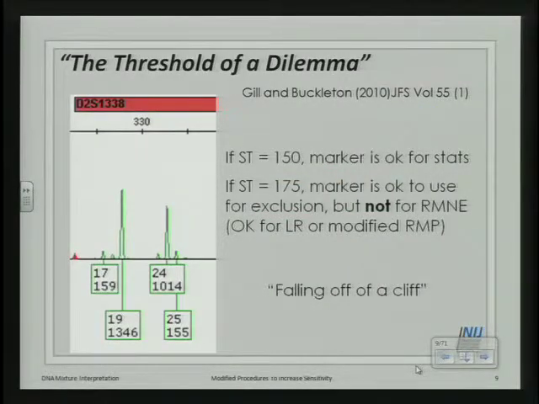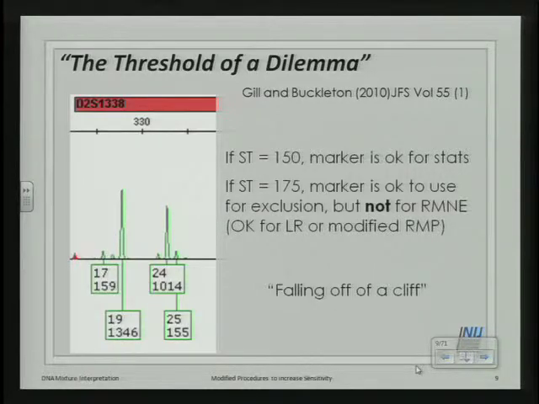Peter Gill and John Buckleton call this the threshold of a dilemma. This is an excellent response to criticism by Bruce Budowle et al. In their response, Gill and Buckleton discussed this: suppose in this example here, we have obviously a major contributor at 19 and 24.